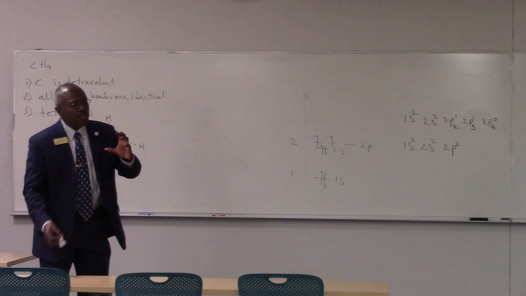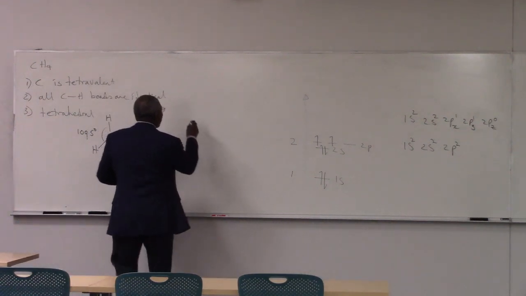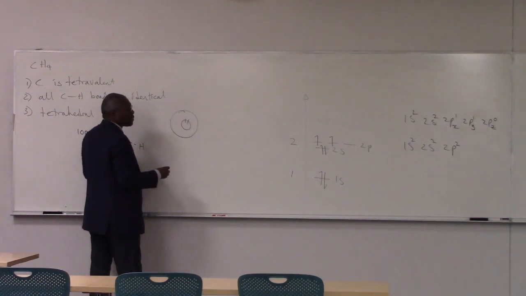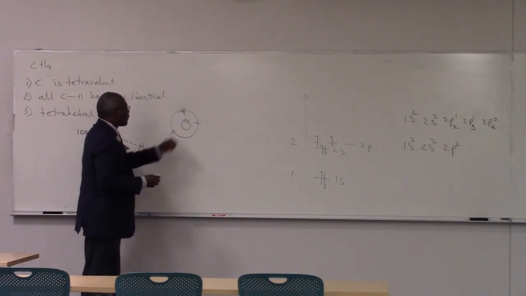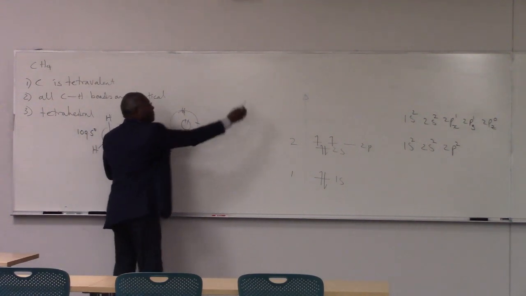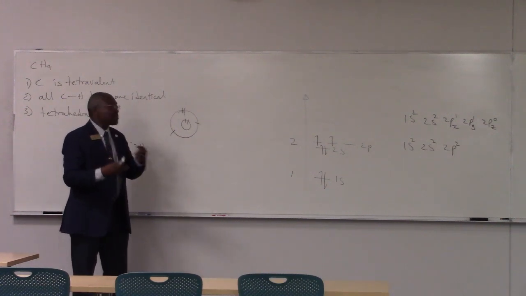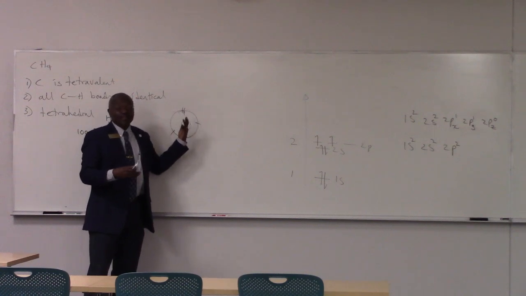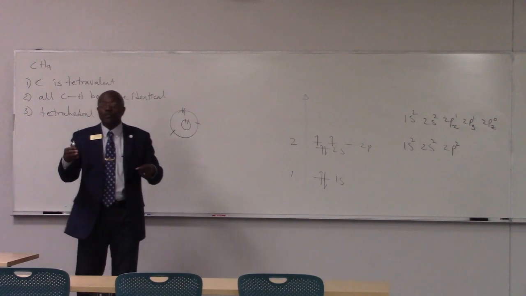If I have an atom with 2 electrons in the core and 4 electrons outside, when this atom bumps into another atom to do chemistry, the only electrons that interact are the ones at the surface. The core electrons are hidden, they don't interact. They're not involved in chemistry, so I'm going to ignore them.